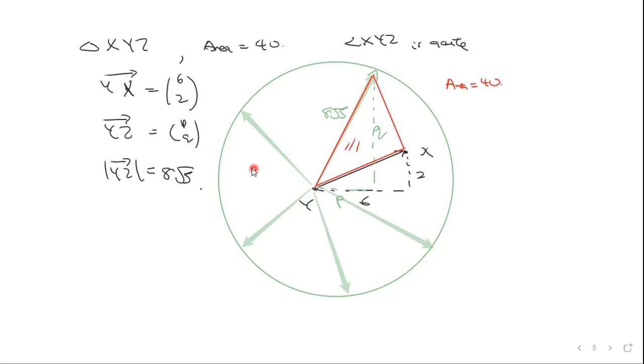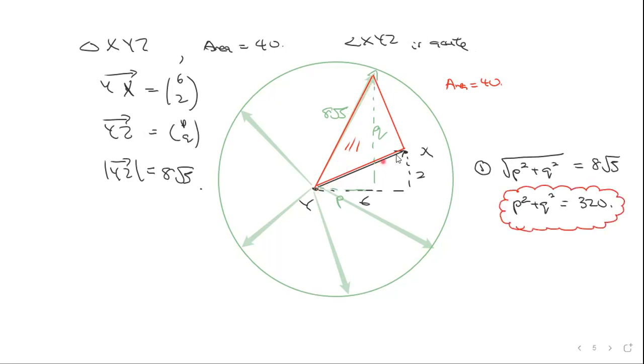Because we know the length is 8 root 5 and we know it's P across and Q up, the first relationship we know is the square root of P squared plus Q squared is 8 root 5. Or alternatively, P squared plus Q squared must equal 320. That's relationship number 1.